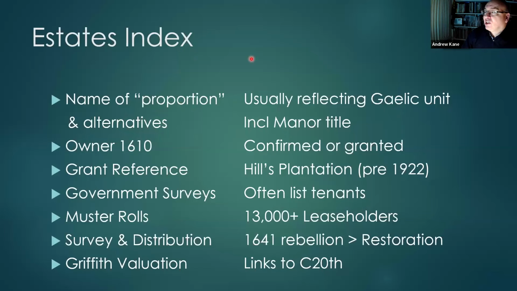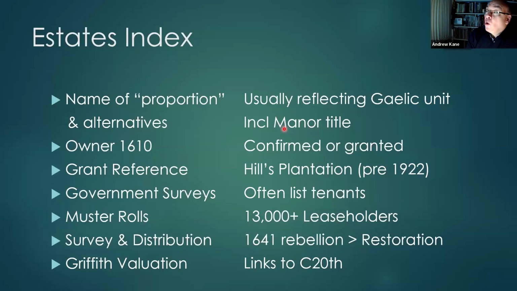So details that you will find in them are the name. Often it will give you the name that the manor was known by, maybe the proportion, which is how it was described in the early 1600s, which often reflected the pre-plantation Gaelic unit or estate. And it'll give you other alternatives, like often the name of the main town is referenced, that kind of thing.